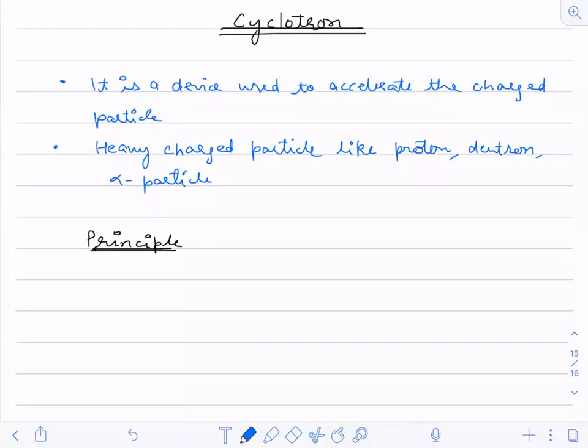So what I can say here is that if we pass a charged particle through an electric field, its velocity increases.